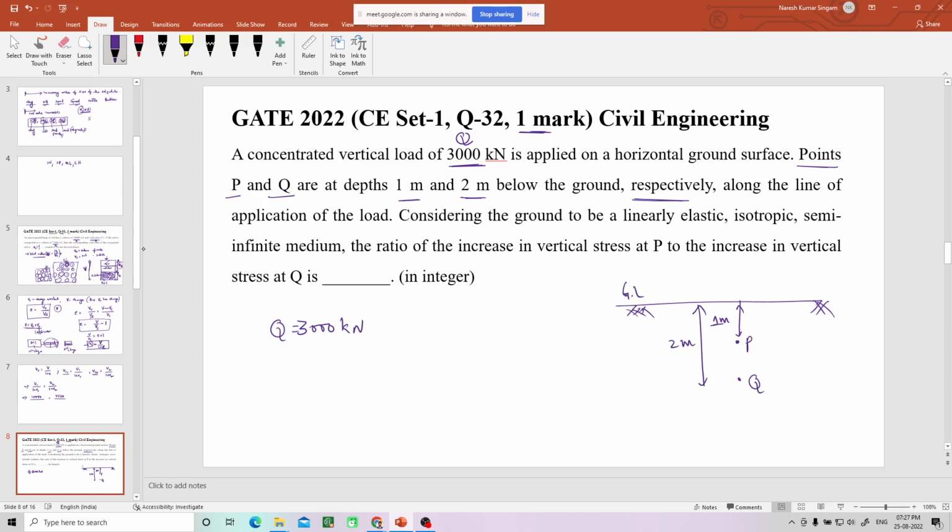This is the ground level, and these two are exactly below the point of application of the load, 3000 kilonewton.